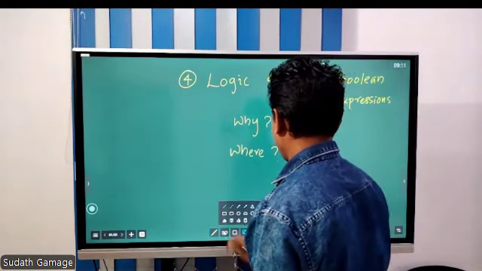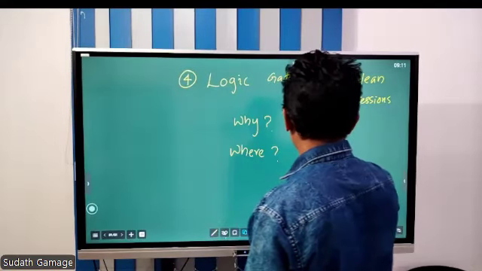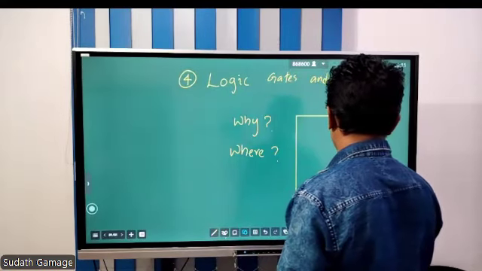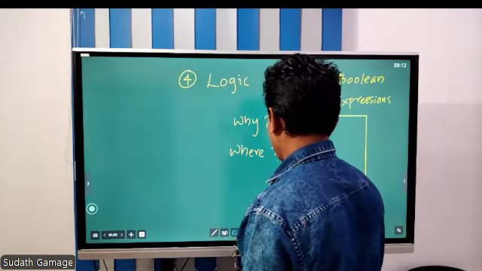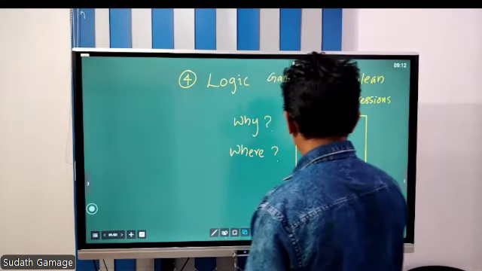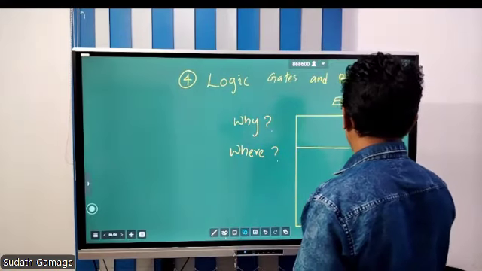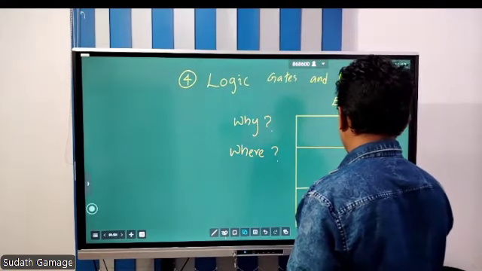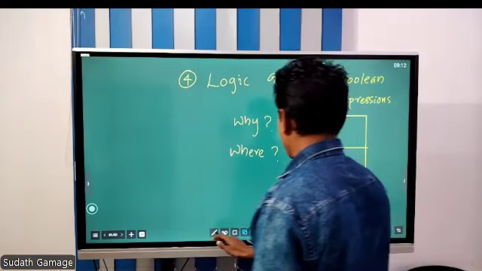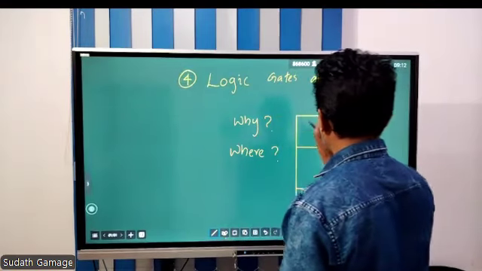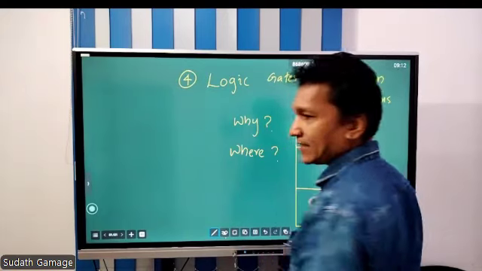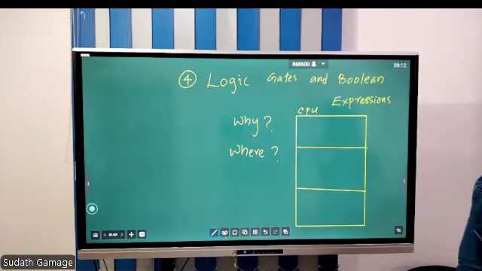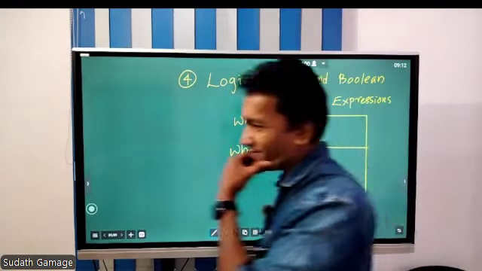Let's say this is the CPU. In the CPU there are three main parts. What are those?